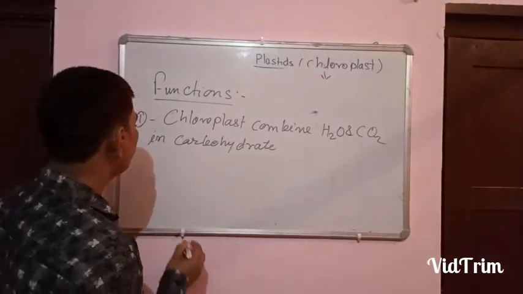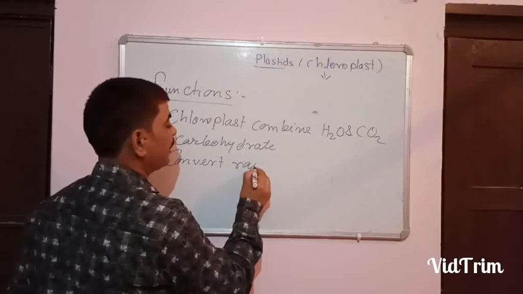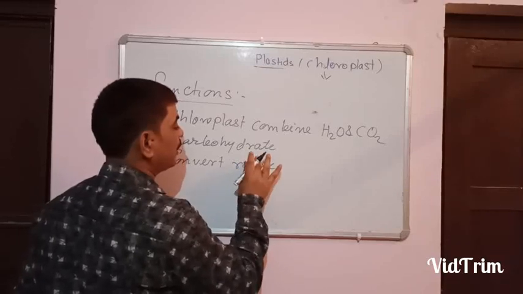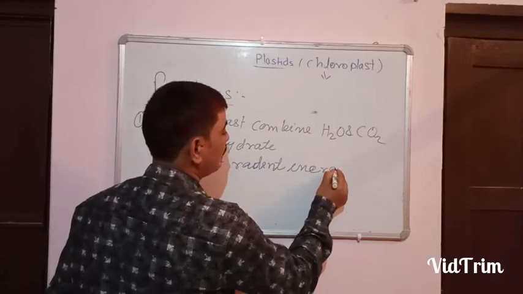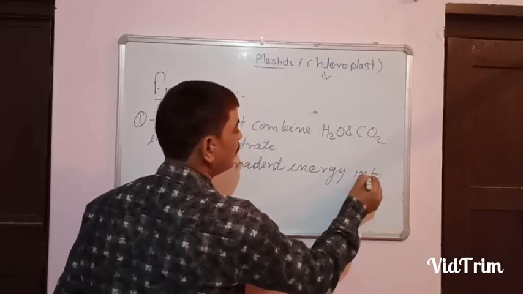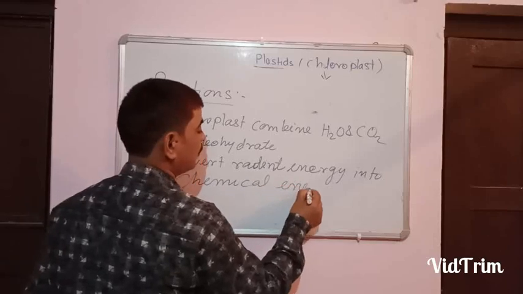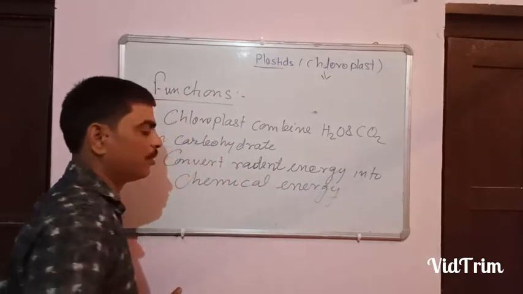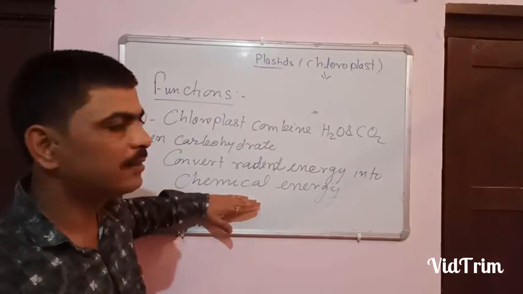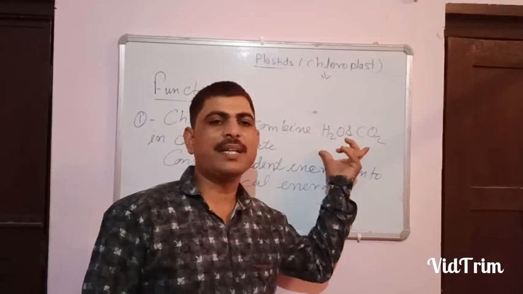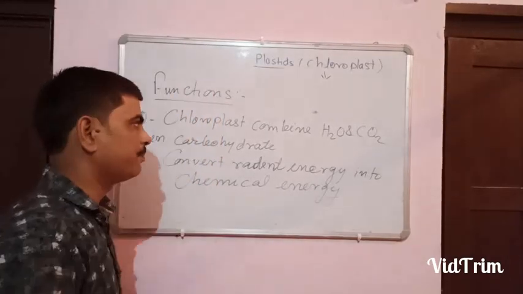It means the chloroplast converts radiant energy, I am talking about solar energy, into chemical energy. This function is done by the chloroplast. The chloroplast converts the radiant energy into chemical energy in the presence of chlorophyll by combining water and carbon dioxide. Okay, and this process happens in the chloroplast.